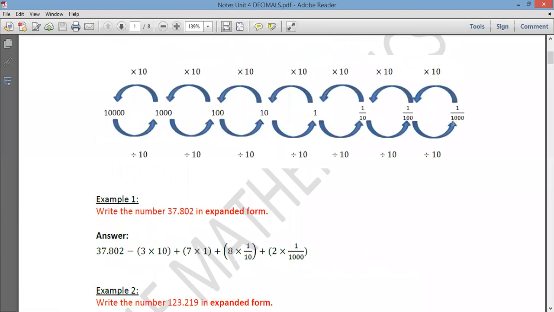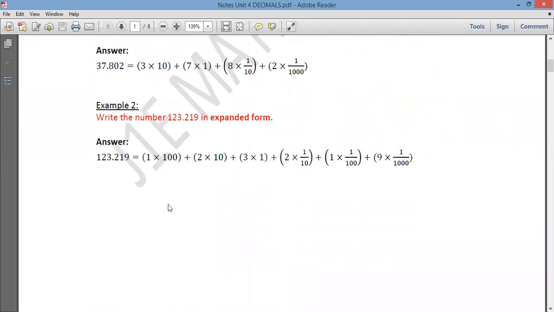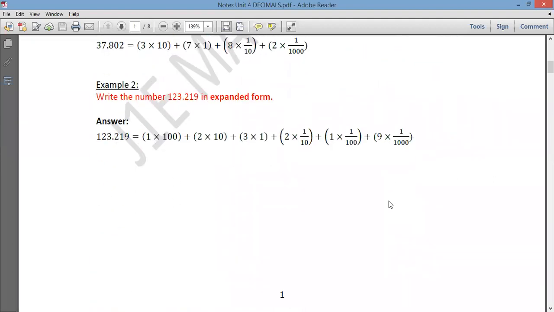So let's say you have 4 decimal places, let's say you got 0.1234. So the number 4 here, you have to multiply with 1 over 10,000. So if you draw the figure further, it expands from here to 1 over 10,000 and so on. Okay, so this is very simple.